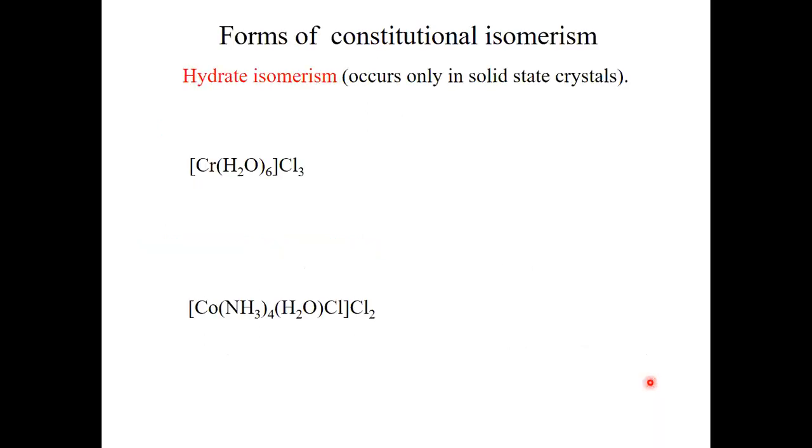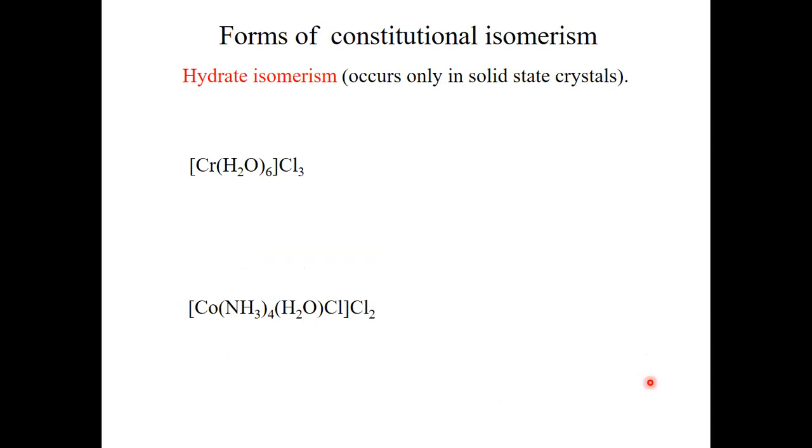So let us first look at constitutional isomerisms. There are several types of constitutional isomerisms. One is the so-called hydrate isomerism, which only occurs in solid state crystals. It does not occur in solutions.